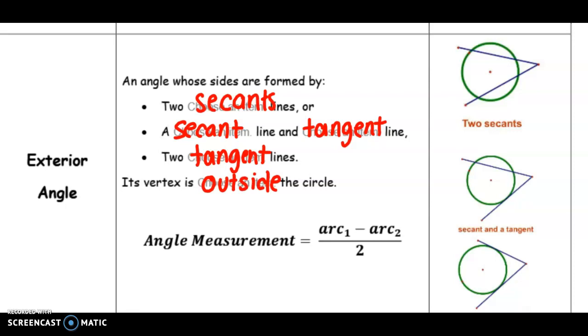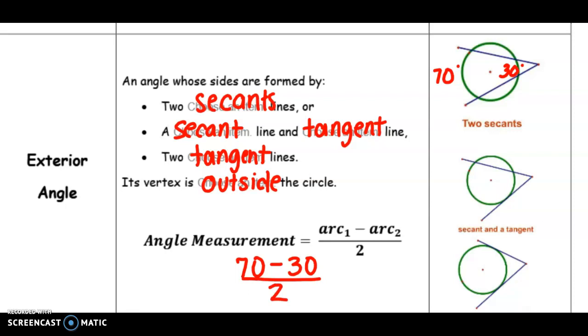To find the measurement of the exterior angle, we will subtract arc 1 minus arc 2 divided by 2. For example, if I had an arc of 70 degrees and the second arc is 30 degrees, I will subtract 70 minus 30 and divide by 2.